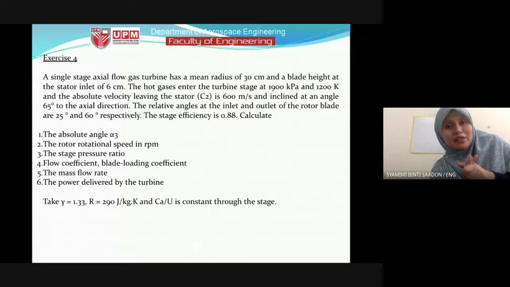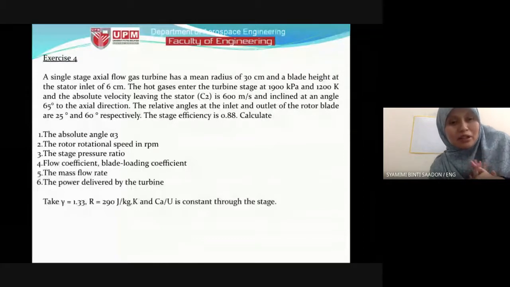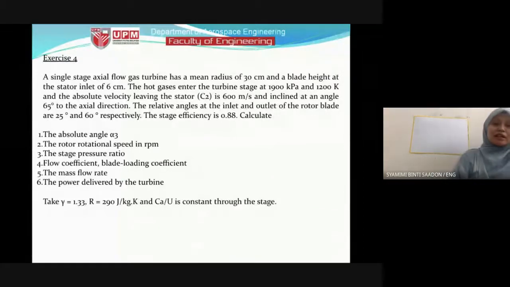Relative angle is beta, related with relative velocity W, whereas alpha is related with the absolute velocity C. Now, the stage efficiency is 0.88.